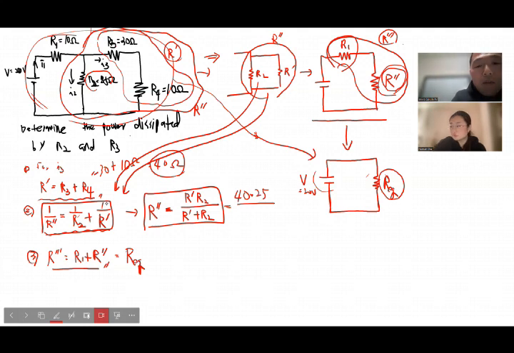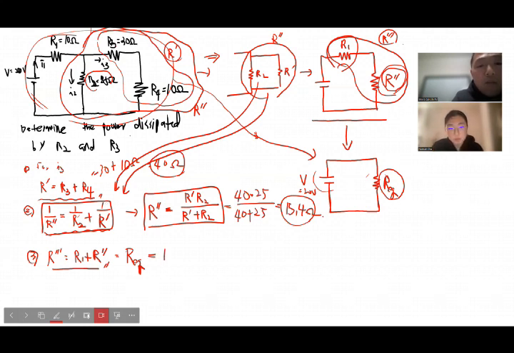And the denominator is 40 plus 25. So that is 15.4 ohm. And now you have to plug that into the R triple prime, which is the equivalent resistor. So just add the numbers into this formula.